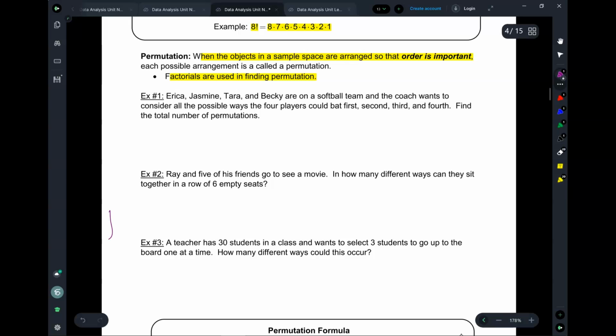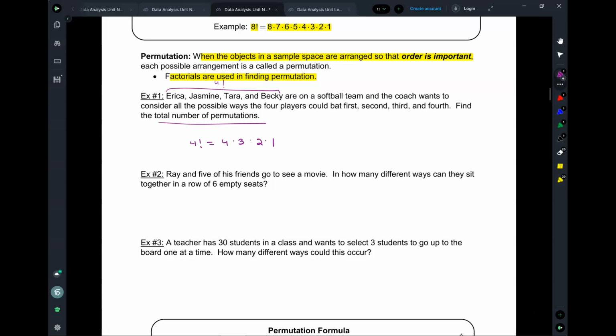So, because there are 4 people, and you want to arrange them with a certain order, right? This is a permutation. So the total number of permutations is 4 factorial. So that is 4 times 3 times 2 times 1.